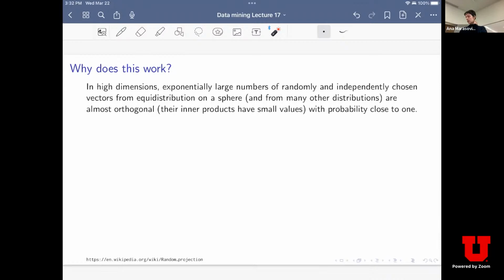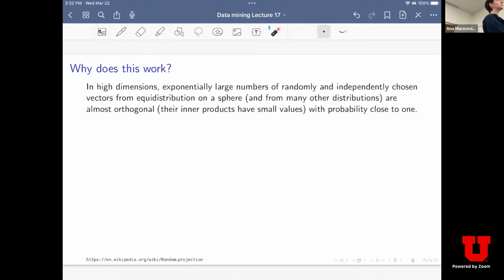The fact that this works comes from a property of very high dimensional spaces. I will read this out: in high dimensions, exponentially large numbers of randomly and independently chosen vectors from a certain distribution, which is not super important, are almost orthogonal. So you pick two vectors randomly from a very high dimensional space, and with very high probability their scalar product will be very, very close to zero. We know that orthogonal vectors have a scalar product of exactly zero.